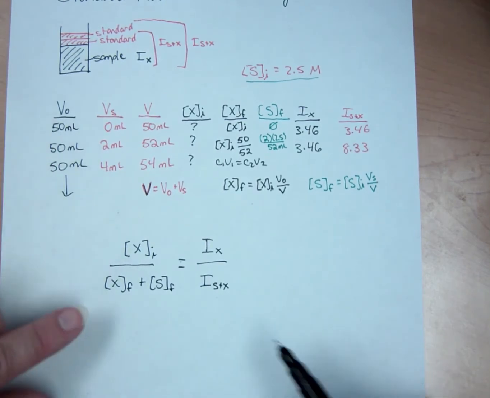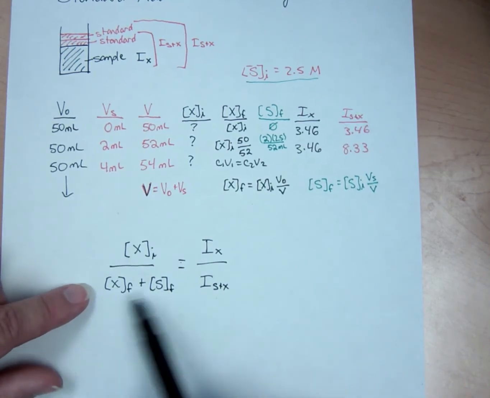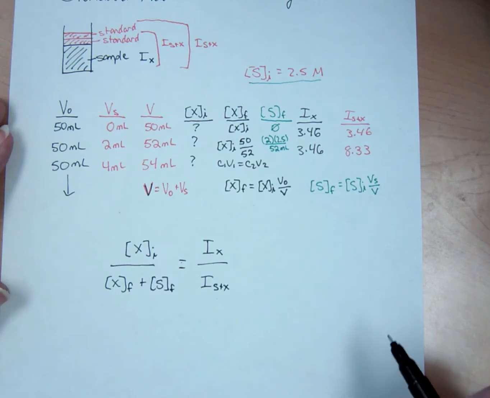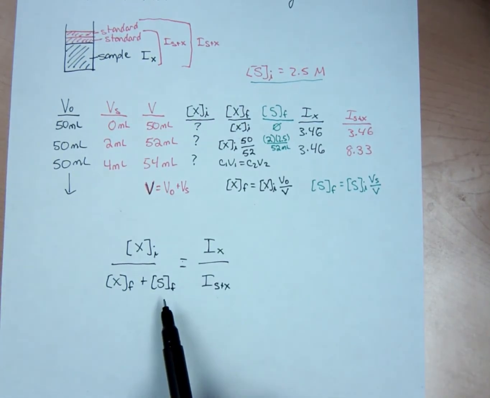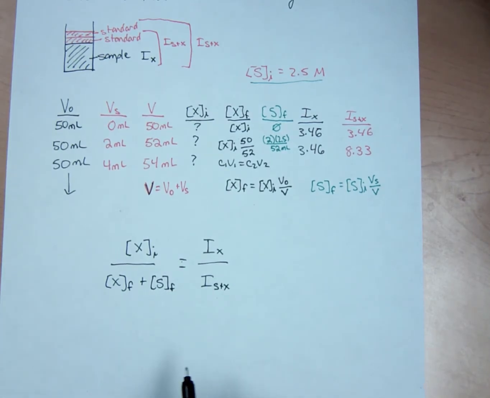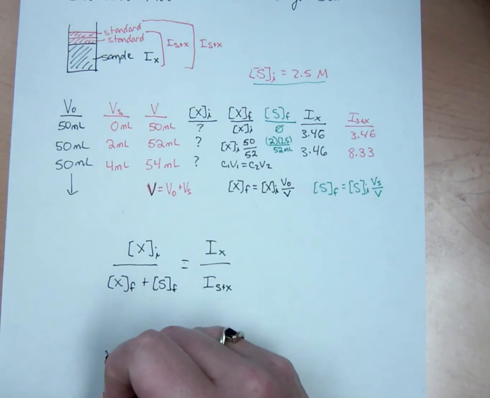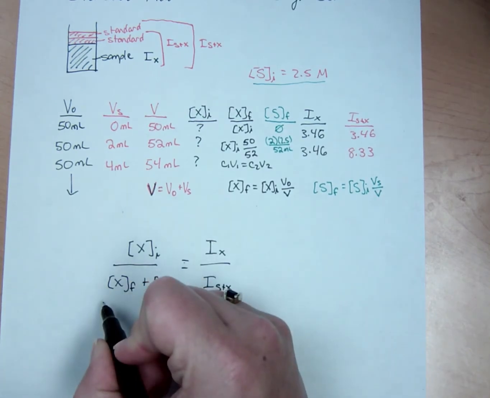Now, this is a great start, but as we've already established, some of these values are changing with volume. So what I'm going to do is substitute in for XF and for SF, and we're going to do some rearranging of the equation. So I'll go ahead and write this out and do a little bit of math here.